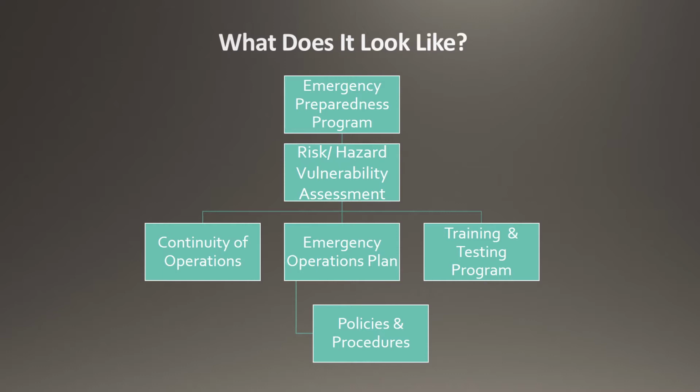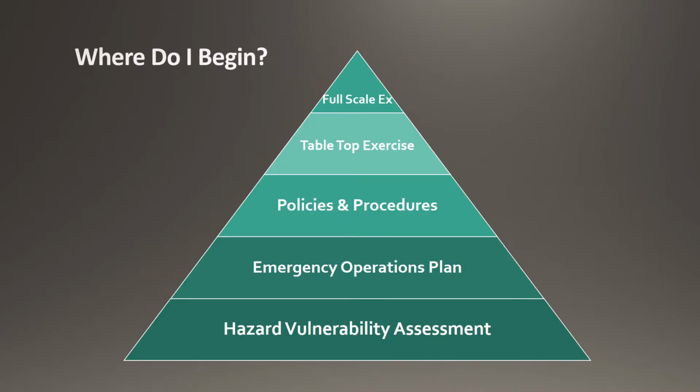We showed you this tree in the last webinar, and we talked about emergency operations plans and risk assessments, and today we're going to be talking about training and testing. Again, this shows how you want to build your emergency preparedness program.